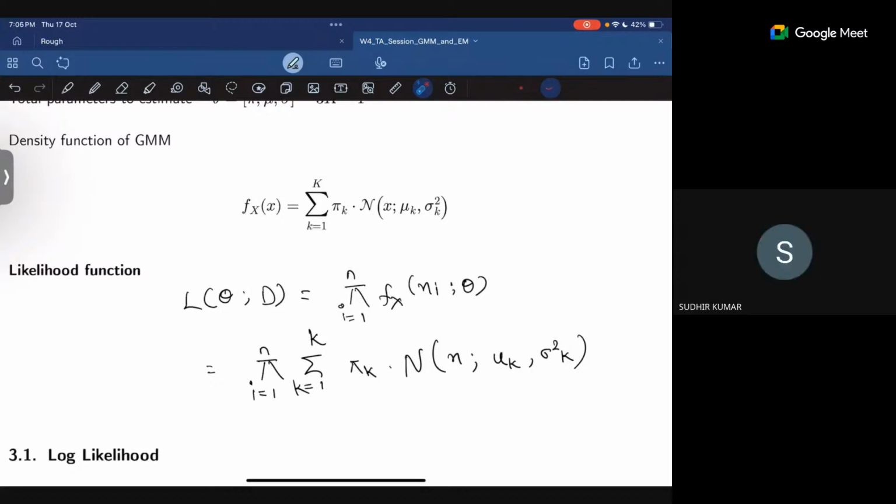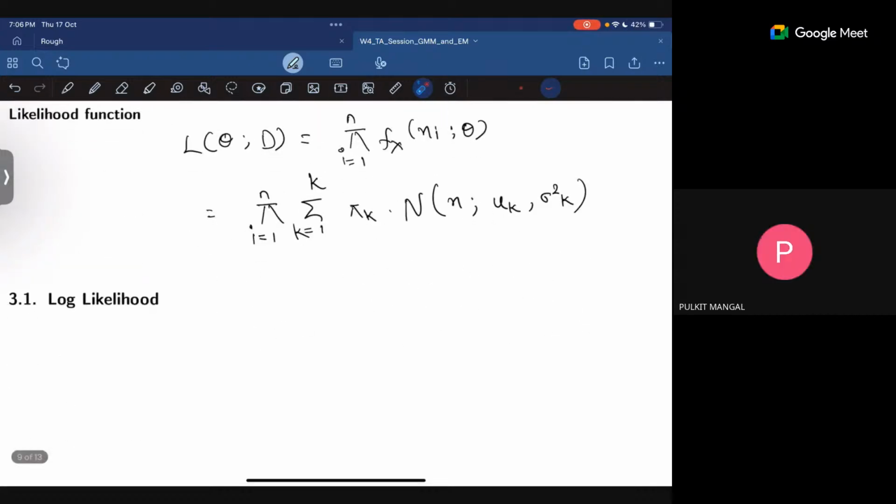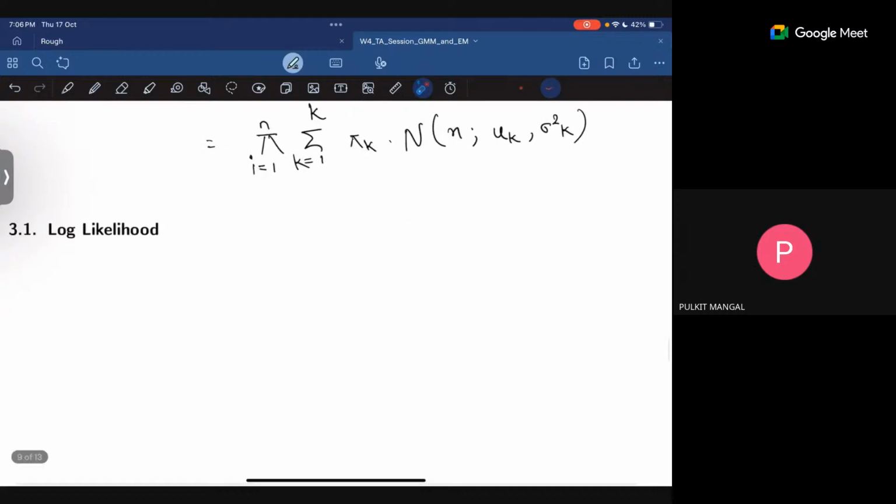Take log on both sides. So we will be taking the log on both sides here also. Now we will denote the log likelihood function with small l, and we will take the log on this term, f of x given theta.